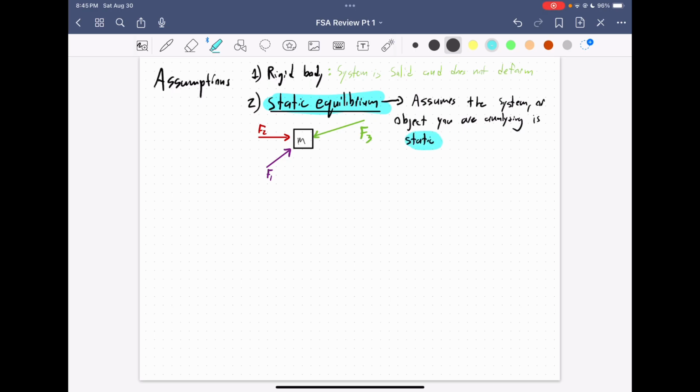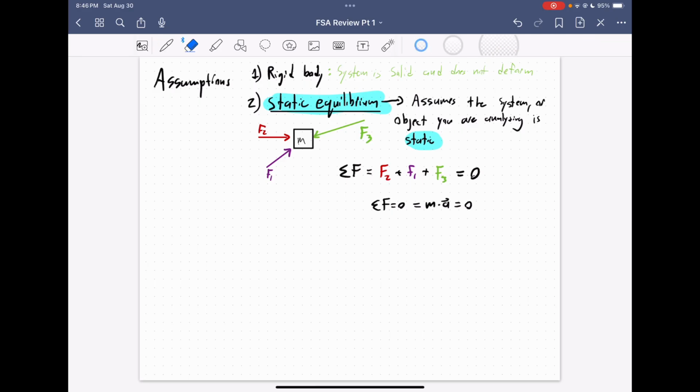Static means not moving. So it means that the sum of forces, which is equal to, we'll color code again, F2 plus F1 plus F3 equals 0. And why is that important? Well, because if the sum of forces equals 0, we also know that means mass times acceleration equals 0.